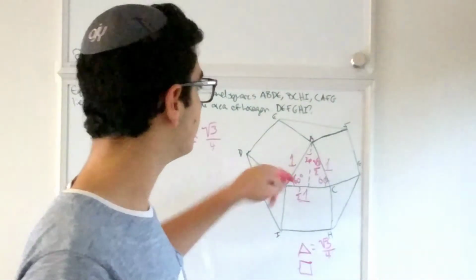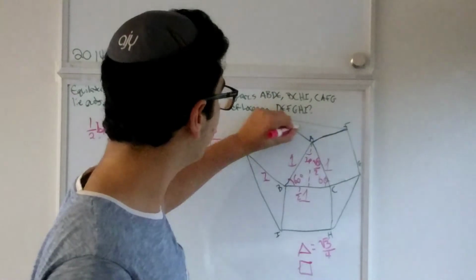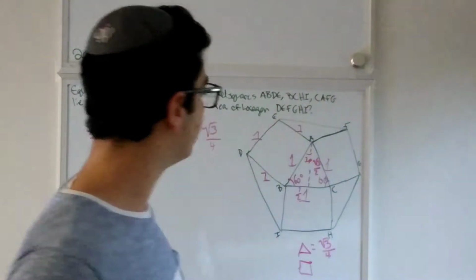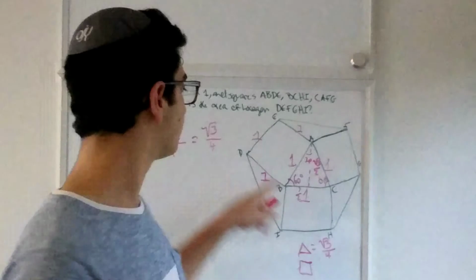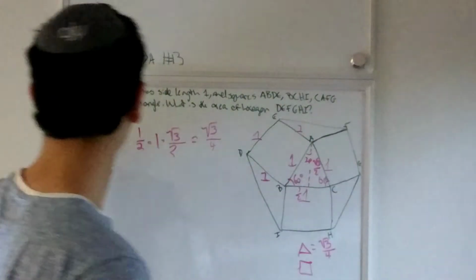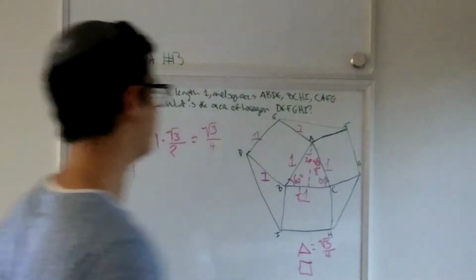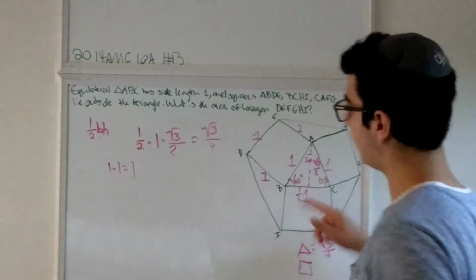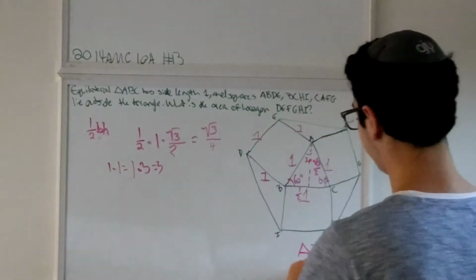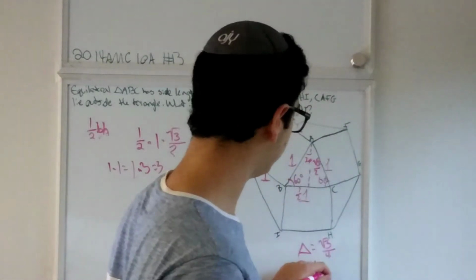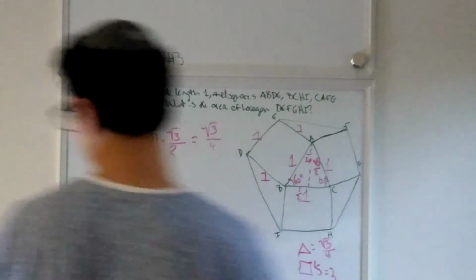When this side is equal to 1, this is also 1, this is also 1, and this is also 1. So the area of one is 1 times 1, which is 1. But since there are 3 of them, it's times 3, so the area of the squares is equal to 3.